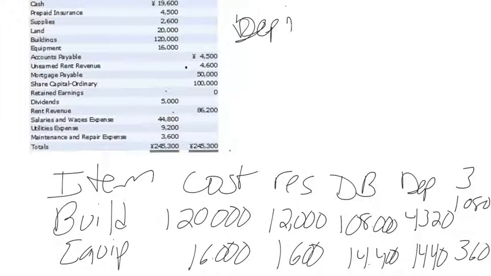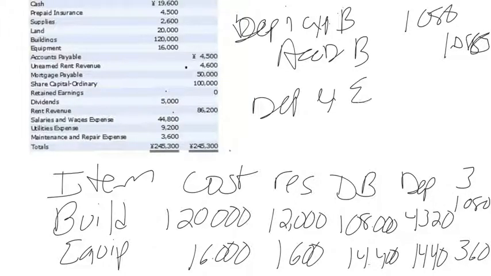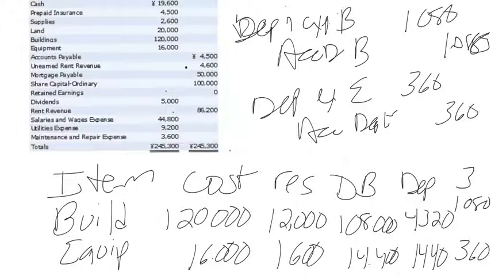So you have a depreciation expense on the building of $1,080, and accumulated depreciation of the building $1,080. And then you have depreciation expense for the equipment of $360, and accumulated depreciation for the equipment of $360.